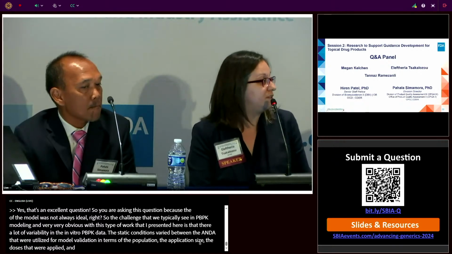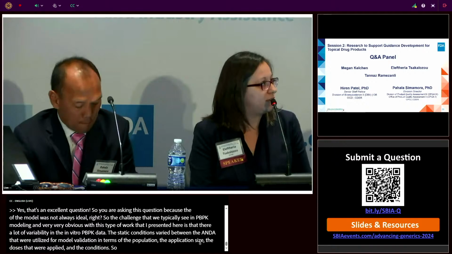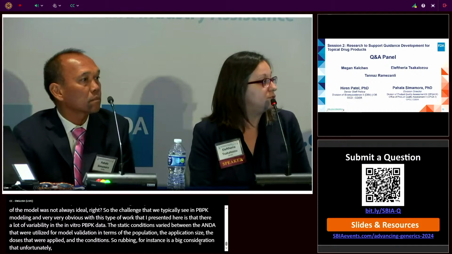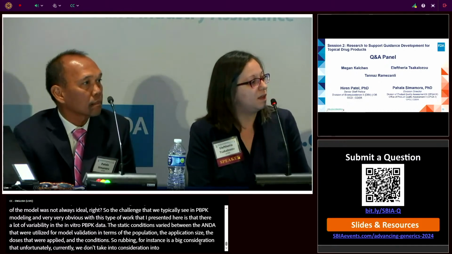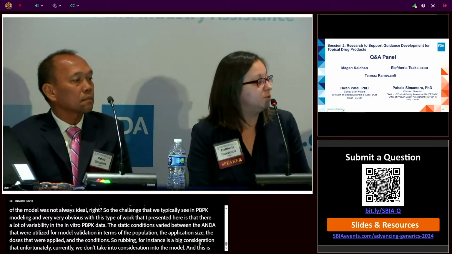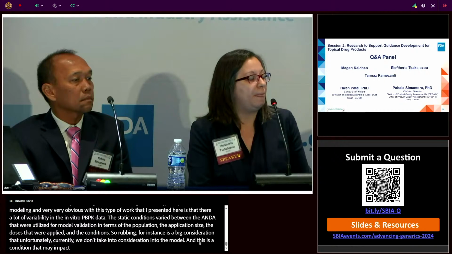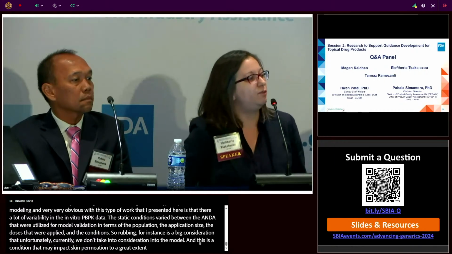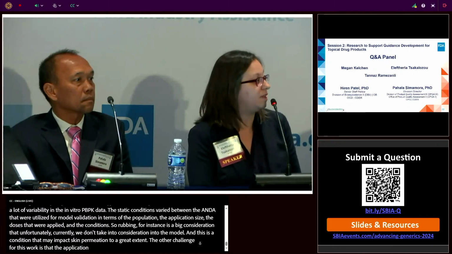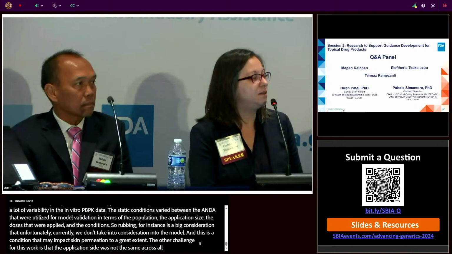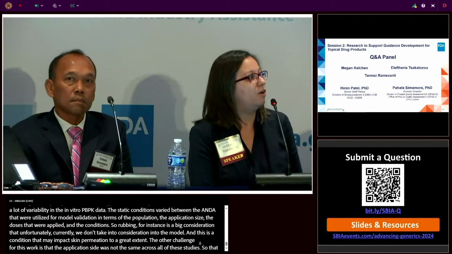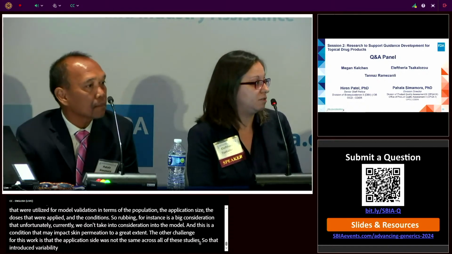Rubbing, for instance, is a big consideration that unfortunately currently we don't take into consideration in the model. This is a condition that may impact skin permeation to a great extent. The other challenge specifically for this work is that the application site was not the same across all of these studies. So that introduced variability in our model predictions.